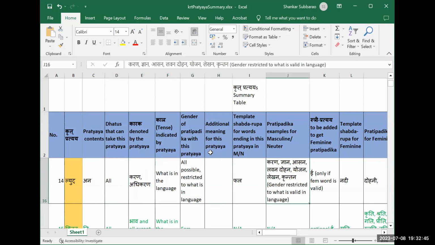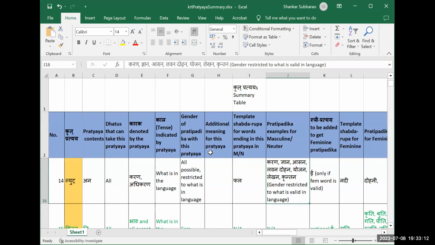Karana, jnana, asana, dohana, yojana, lekhana, krintana. Right? So lekhana is that with which you write. In stri linga, I will get lekhani. Krintana is a scissor with which you cut. Nakhan krintanam. Neuter. Lavana is that with which you cut again. Dohana, that with which you milk. Jnana, that by which you know.